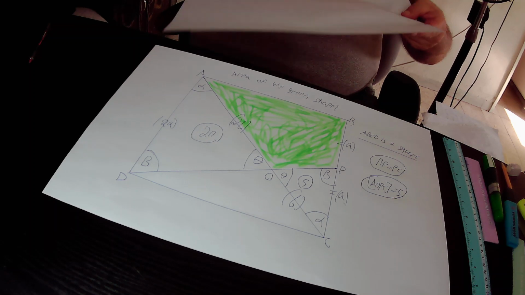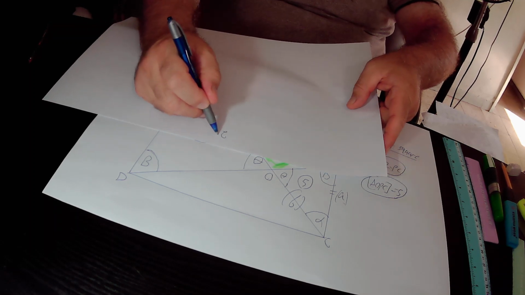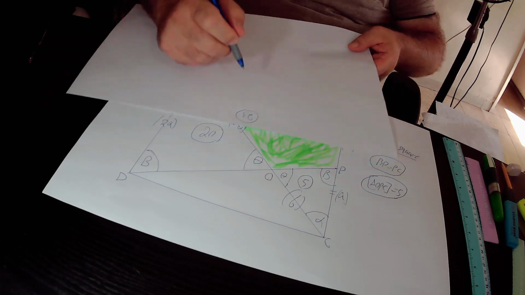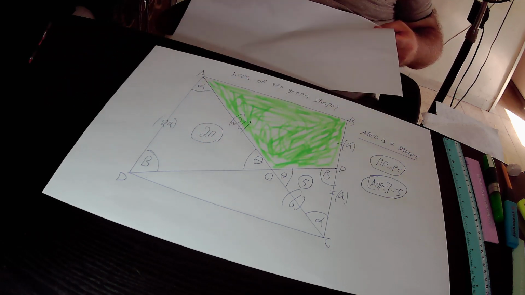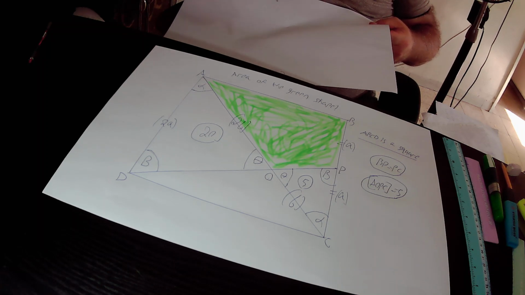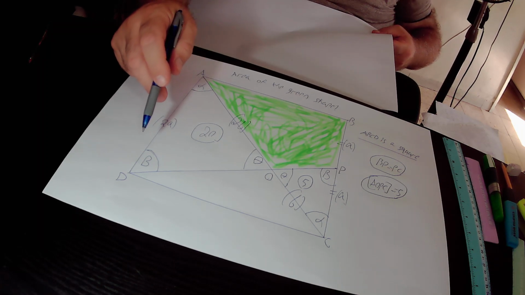According to Rule 23, this is triangle ADC, divided into two smaller triangles by line segment DO.